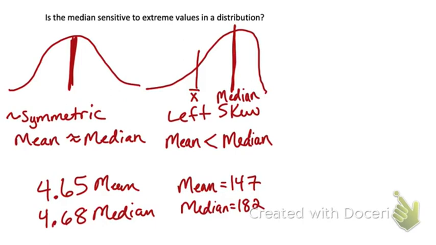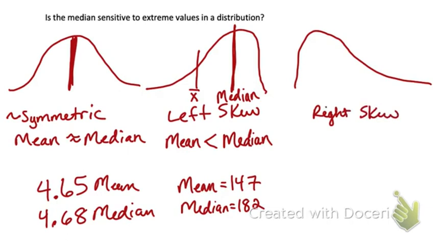Right skewed is the exact opposite. So we have our right skewed distribution. Our median is slightly to the right of the peak, but our mean is somewhere further to the right because it's trying to average out those outlying values.